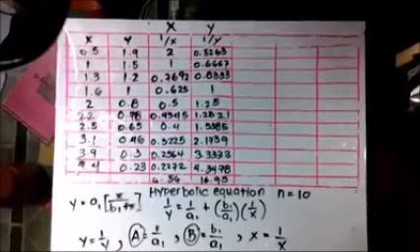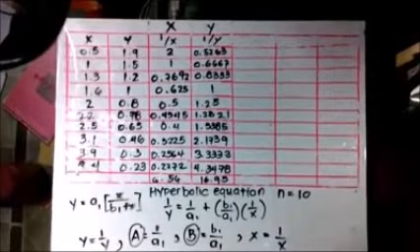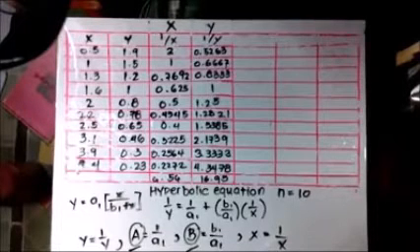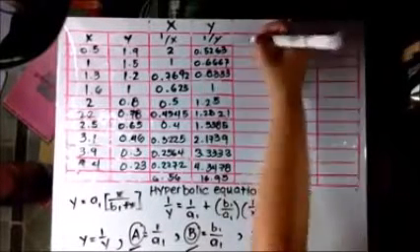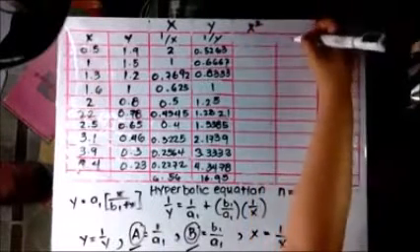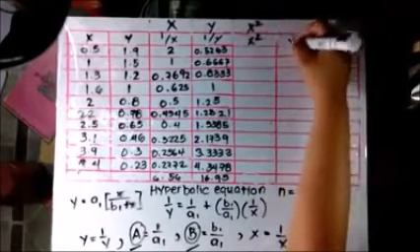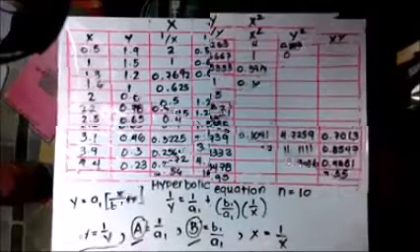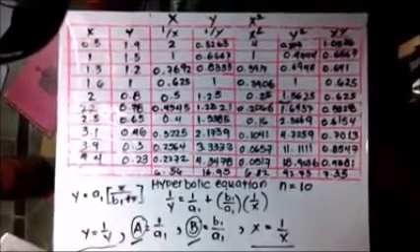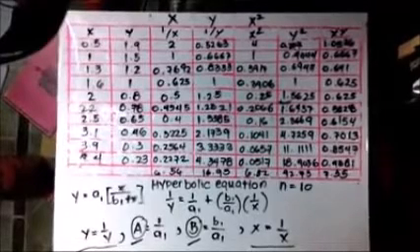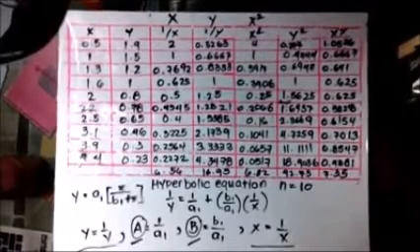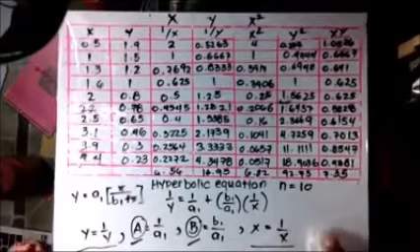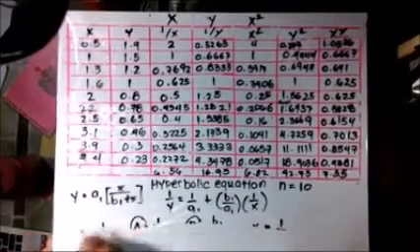Since we have to compute the value of a and b, first we have to calculate the x squared and y squared and the product of x and y, which is xy. Then substituting the value from the formula of b, we can get the value of b. Then substituting again the value from the formula of a, we can get the value of a.